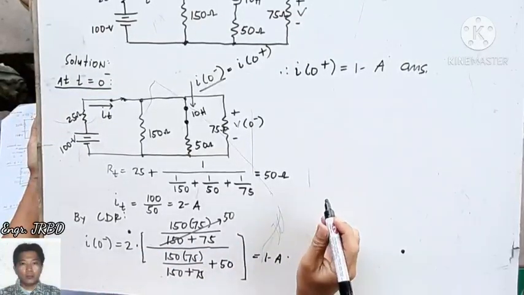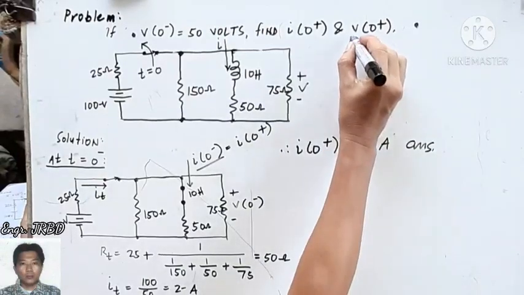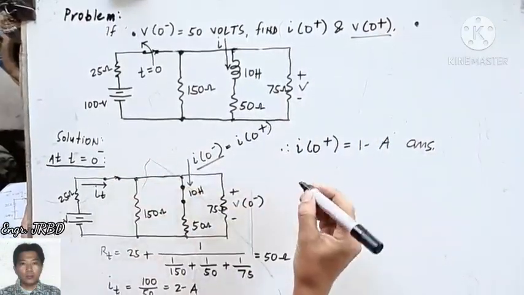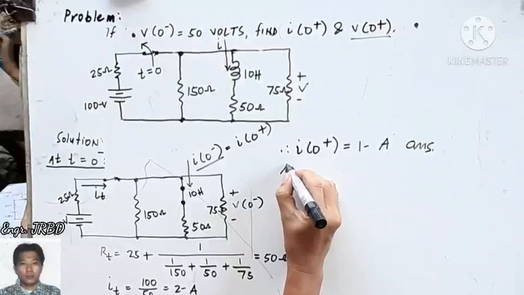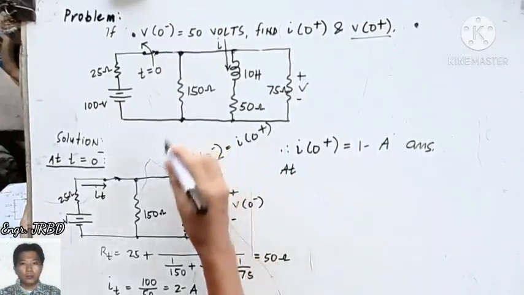Next, how do we find your V at time t = 0 positive? If you are given a requirement like this, you proceed to the time when your switch is just activated, or just open in this case.